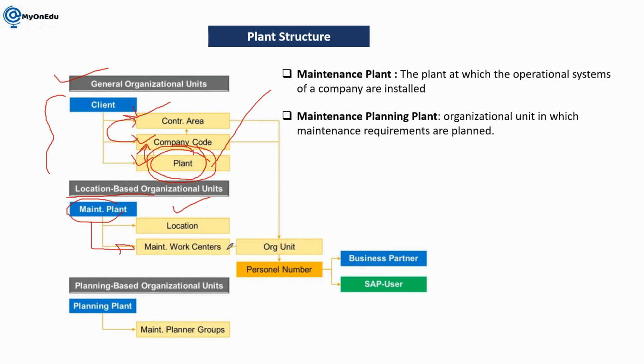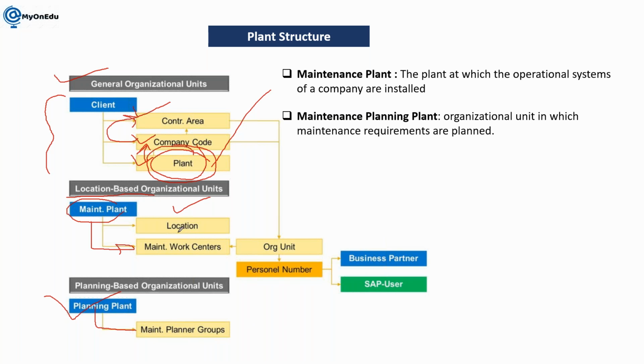So this will be within the maintenance plant, not under the maintenance planning plant. This is the thing we need to remember: the work center will remain within the maintenance plant. Another is the planning plant, where planning has to be done. Here the planning plant will have a further subunit called the maintenance planner group, where the group will decide how we need to perform the maintenance for my maintenance plant. This is very important.